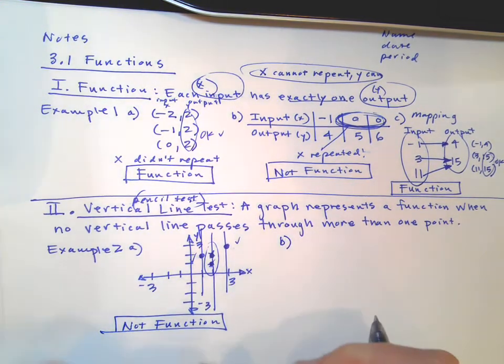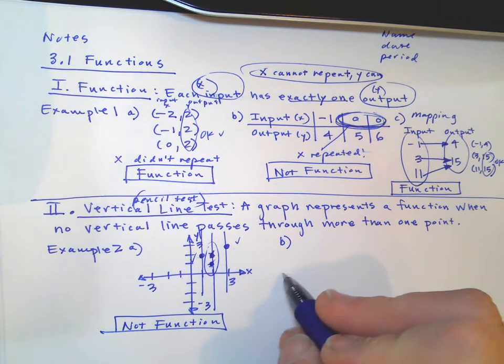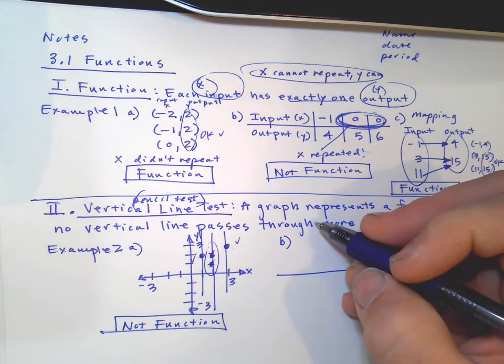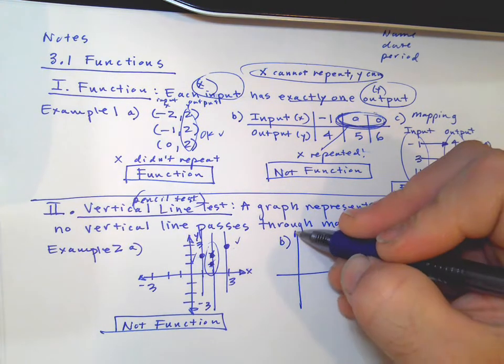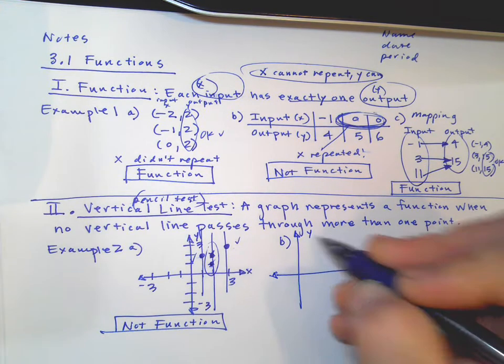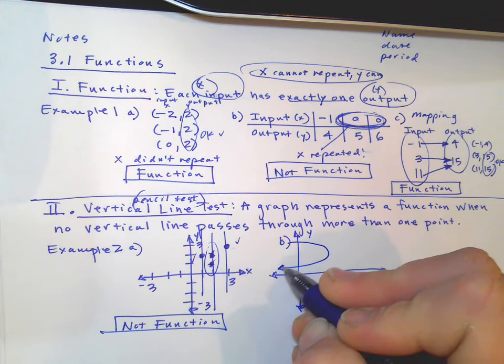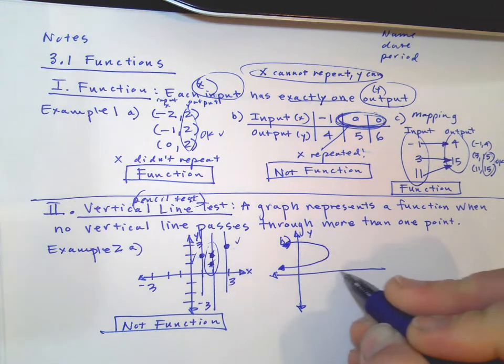Now that's called a discrete graph, when there's little individual dots. But we're going to see graphs that are all connected and have lines. So this one's not going to be little dots. It's going to be something more like this. And we should put arrows on the ends to show that the graph keeps going.